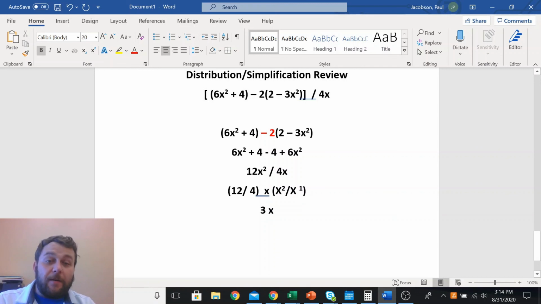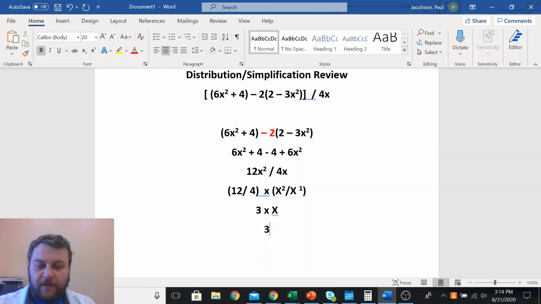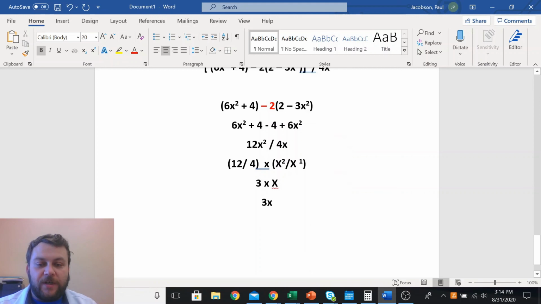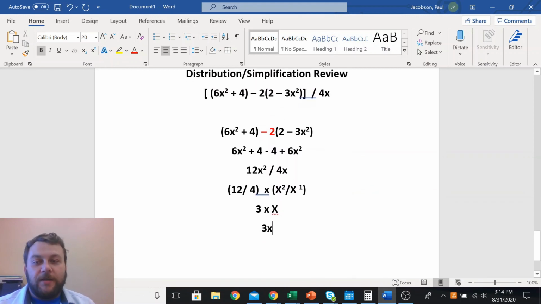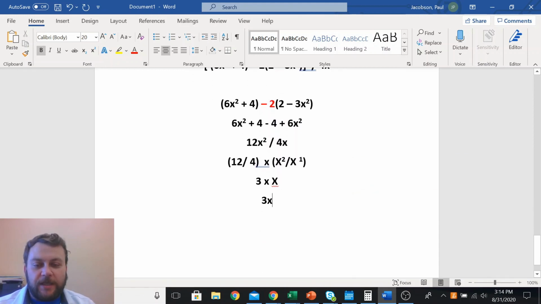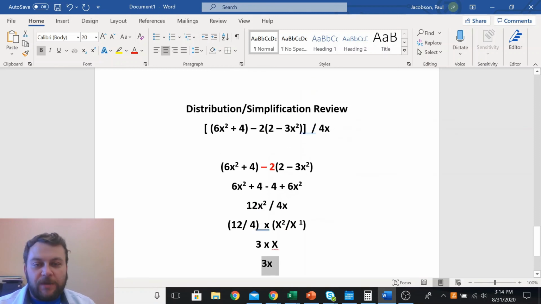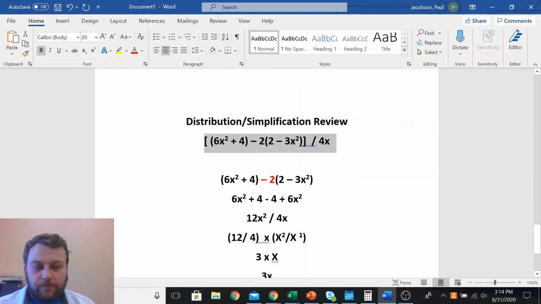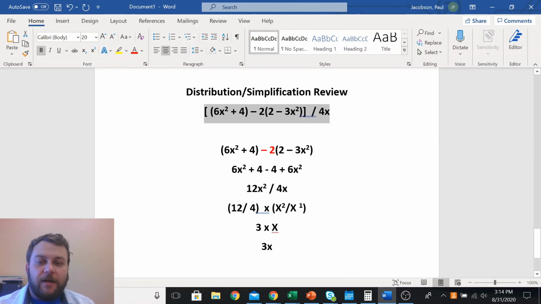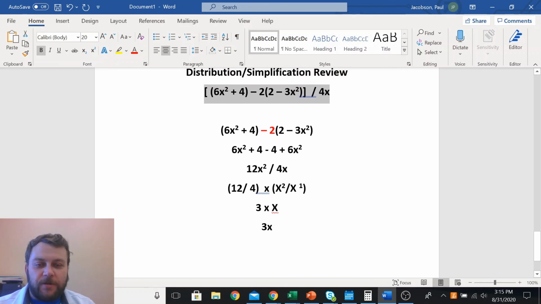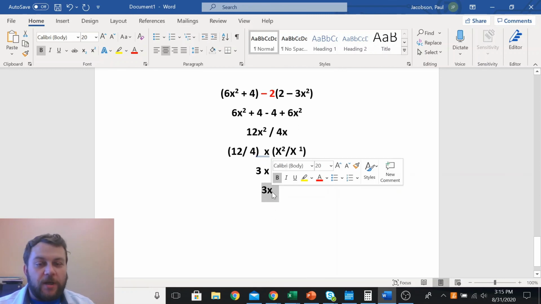So x squared divided by x to the 1 power, you subtract those powers and you're just left with x. So 3 times x, the last simplified version is just 3x. That means 3x means the same thing as this big, long, ugly looking expression.